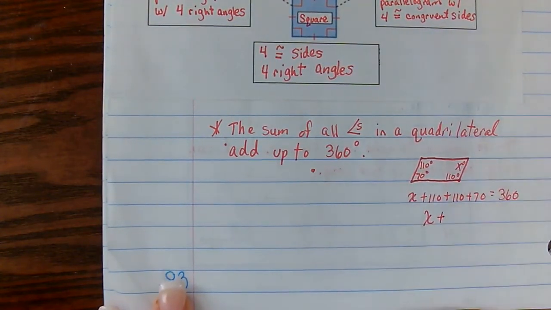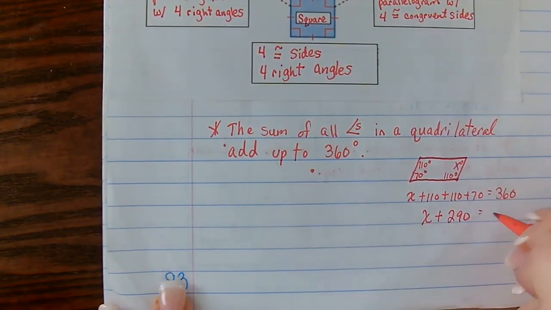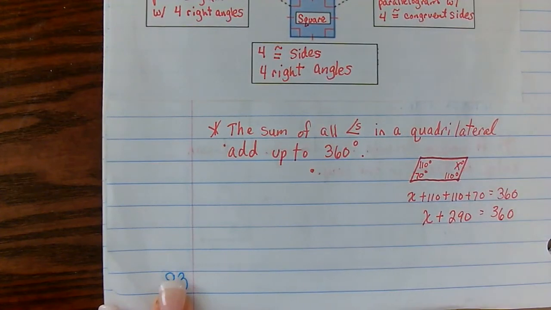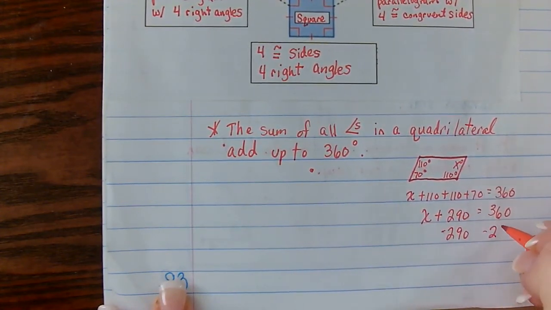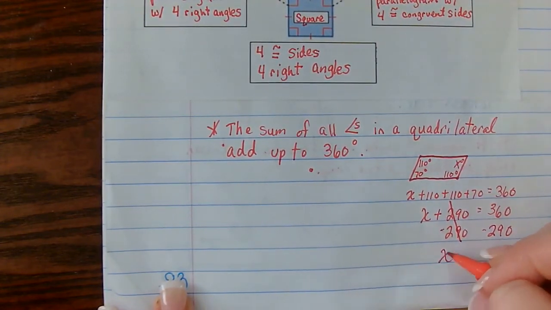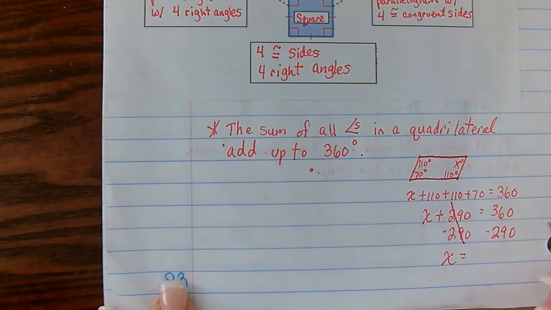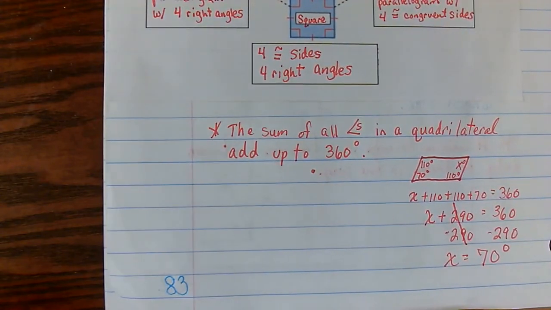I add the 110, and the 70. I get 290. That equals 360. Then I show the work by subtracting 290 from both sides. Cancel these out. Bring down x equals. And 360 minus 290 is 70 degrees. And I just found the other angle of the quadrilateral.